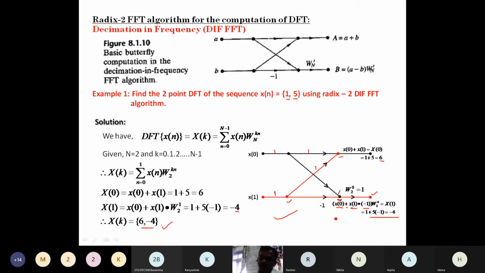The sum of all input line values gives that particular output node value. This is the concept. In DIF, the second line of the butterfly has a variation: the first node line value is minus 1, and on the output side it is with the twiddle factor.